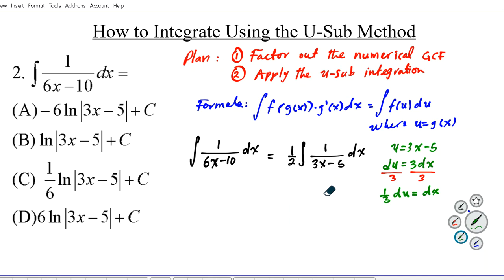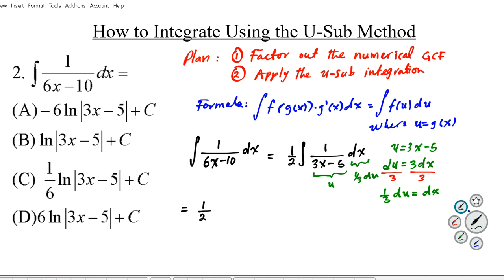Okay? Whenever you want to apply the U substitution, make sure you clearly have in mind what u and the other function is. So this is the u, the inner function right here. And then the other function is just dx. So dx is 1/3 du. Have that clearly specified before you start to substitute. Okay, so now we're going to substitute.